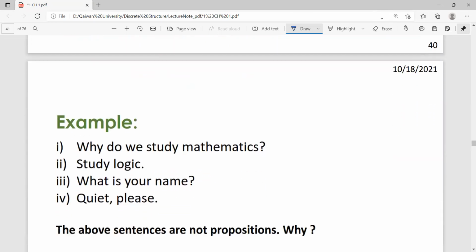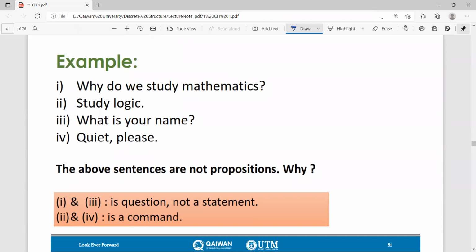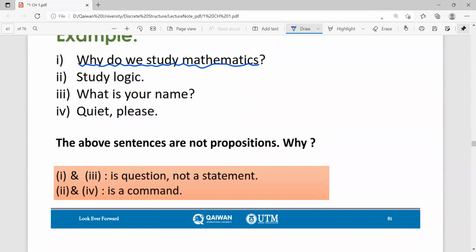Okay. Now we have some examples which are not propositions. We say, why do we study mathematics? The answer is not true or false. So that's why we say this is not a proposition, it's a question statement. Study logic. Someone tells someone else, study logic.